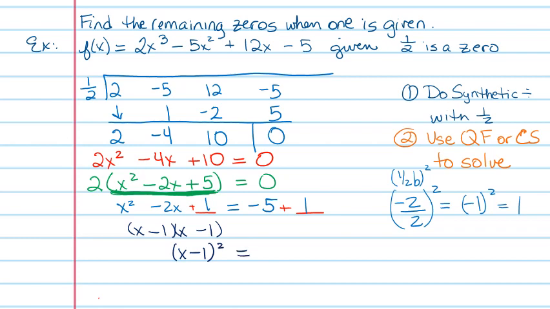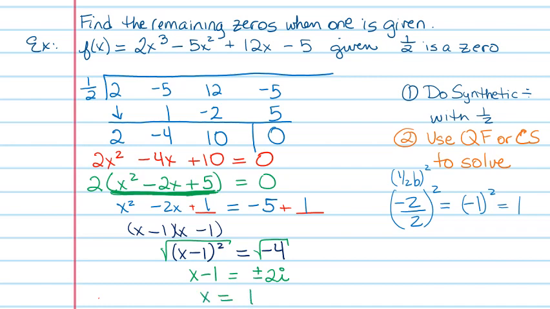This one is x minus 1 squared, and then I have negative 4. And then I can take the square root of both sides, and I get x minus 1 is equal to plus or minus 2i. And then I'm going to add 1 to both sides.